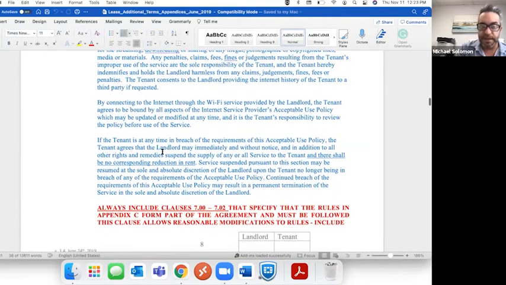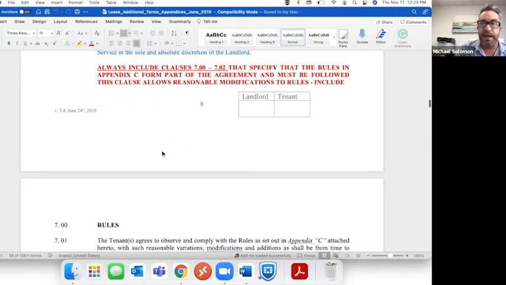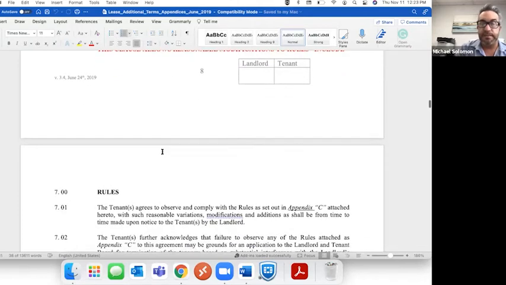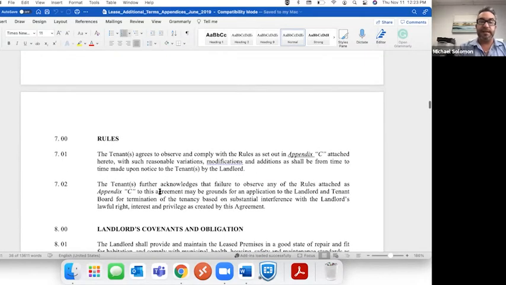And then clauses 7 to 7.02 specify the rules in Appendix C, which I will go to as well in a little bit here. But what that basically is, is the rules of the house. Make sure that you keep your premises in a neat and tidy situation.